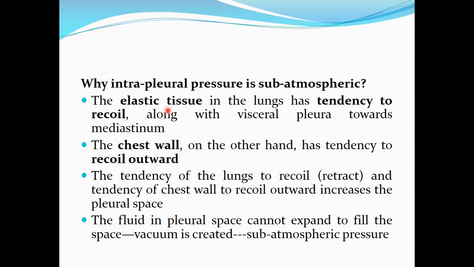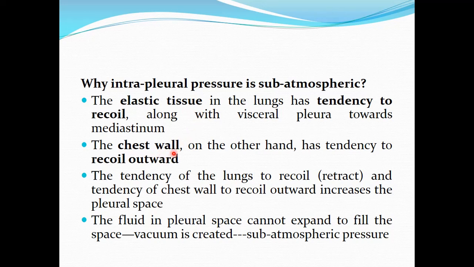So the elastic tissue in the inflated lungs has the tendency to recoil inward, toward the mediastinum, along with the visceral pleura. The chest wall, on the other hand, also has a recoiling tendency, but it is in the opposite direction to the recoiling tendency of the lungs.